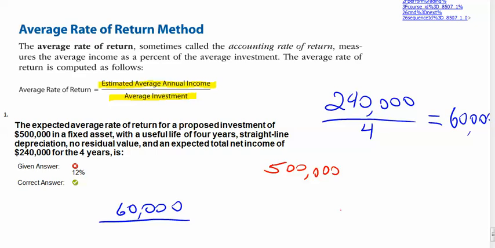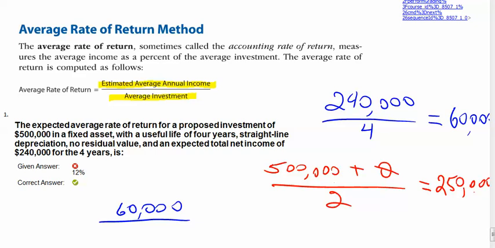That's my beginning investment. My ending investment, the residual value, is 0. So I have two different investment points, the beginning and the ending. Now I have to find the average. If I add those together and divide by 2, I get $250,000 average.